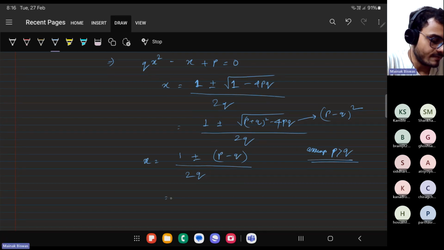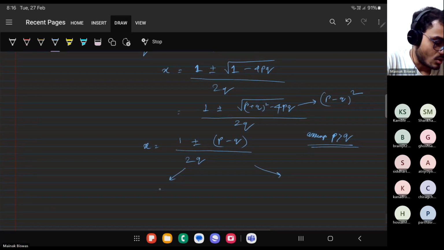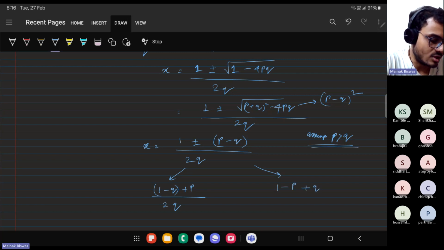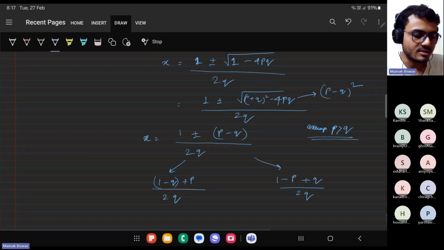So there appear to be two solutions for x. One is 1 minus q plus p by 2q, and the other solution is 1 minus p plus q by 2q. Right?